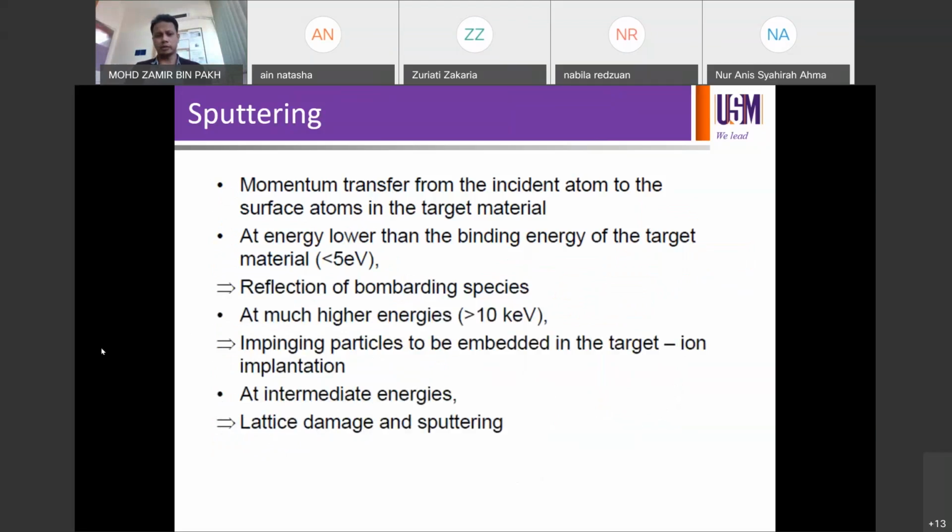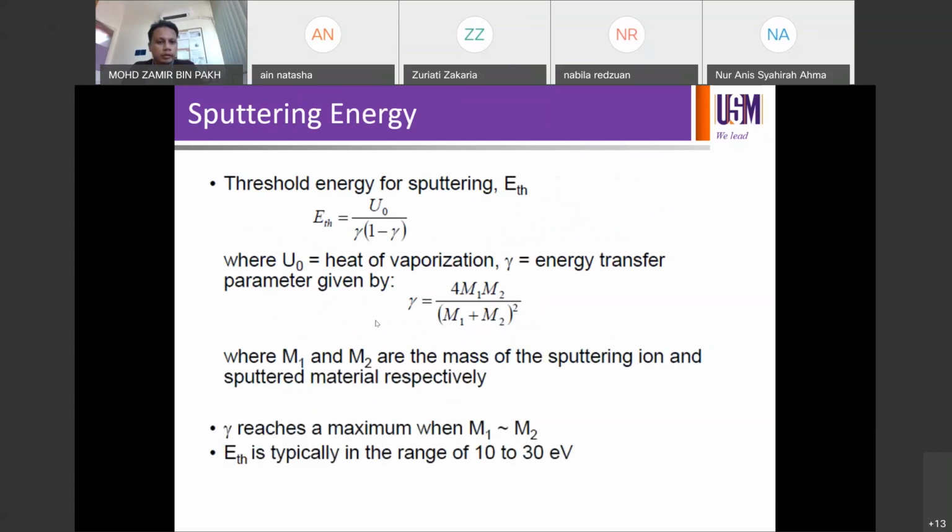So it involves a momentum transfer from the incident atoms to the surface atoms. Basically, you need to use argon ions at a high energy to bombard the target material in order for the material to be displaced or knocked off the target to be deposited on the substrate, right?